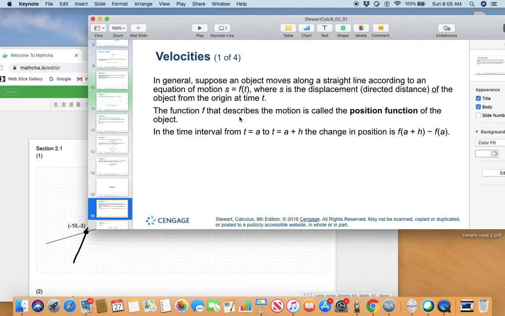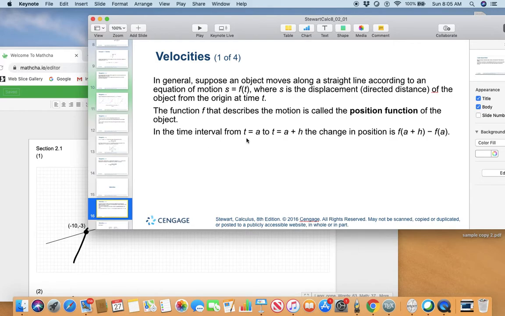The function f that describes the motion is called the position function. Okay, position function is basically, at time t, whether the particle moves forward, backward, and so on. So it takes care of or records the position of the particle.